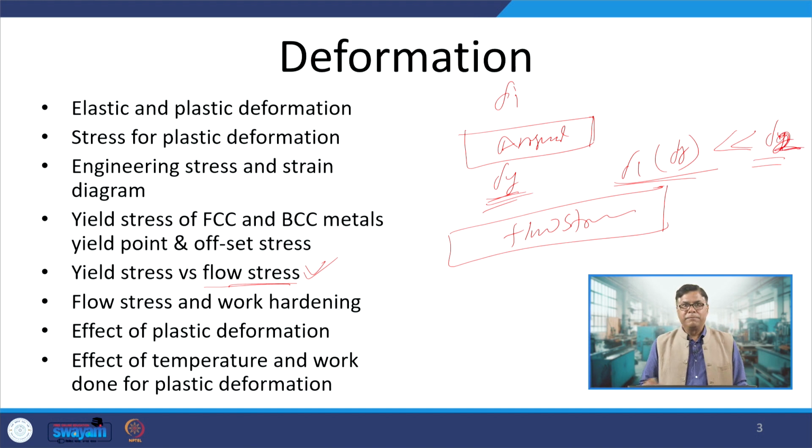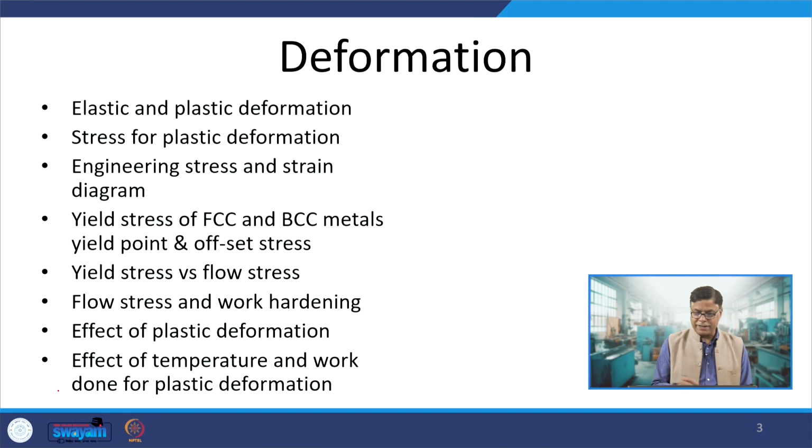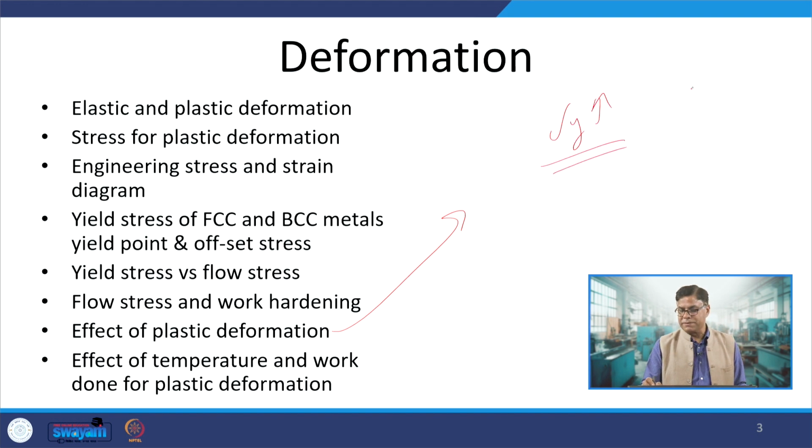Now, when a material is subjected to plastic deformation, as I have said, it experiences work hardening, a decrease in ductility, an increase in the yield strength, and it also increases the ductile to brittle transition behavior. So, a few changes are experienced when a material is subjected to plastic deformation. Increased yield strength means increased flow stress required.